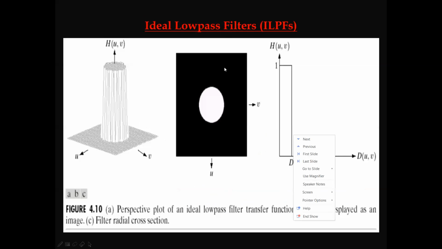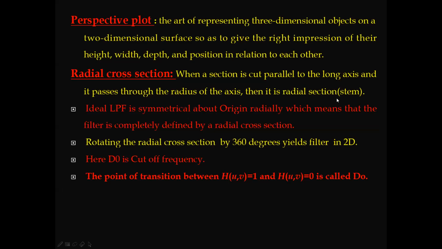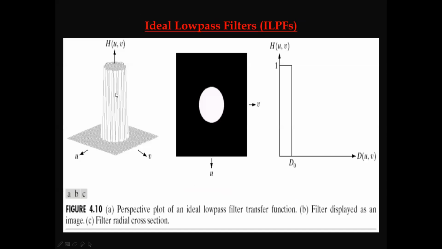Next, coming to the ideal low pass filter characteristics. You can see three figures here. The first figure is the perspective plot of the ideal low pass filter. This is the u direction and this is the v direction, and on top we have H(u,v). This plot is called the perspective plot. Coming to the middle one, that is the filter displayed as an image.